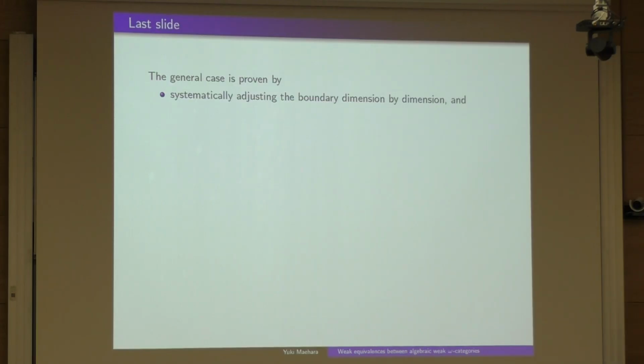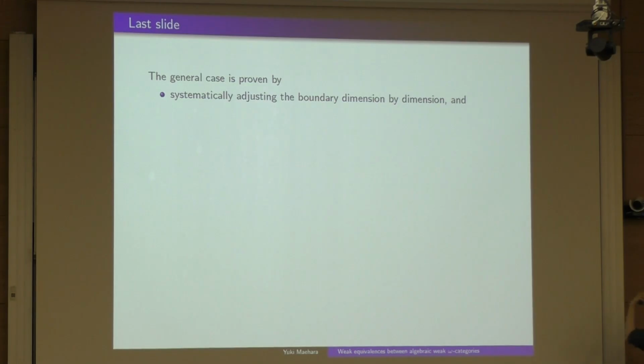But anyway, in the general case, we prove it by basically systematically adjusting the boundary dimension by dimension, using unit law and higher unit laws to just construct the candidate for the thing that maps to your given thing after whiskering with the identity.